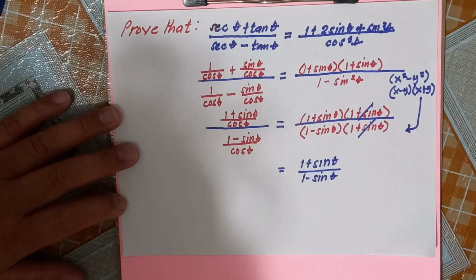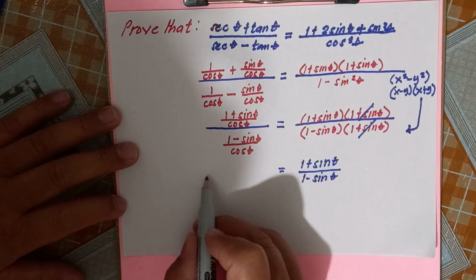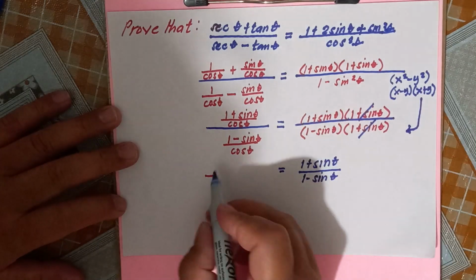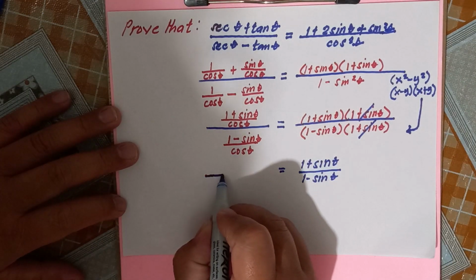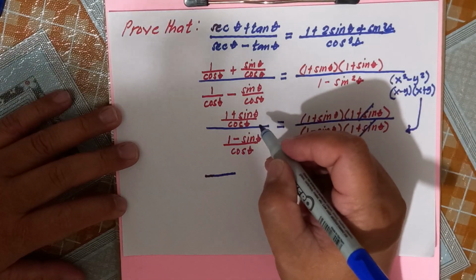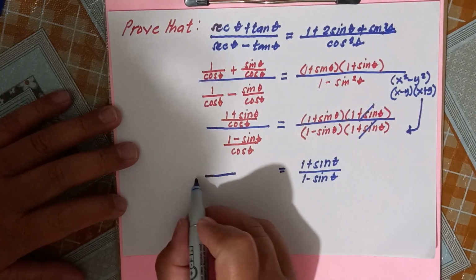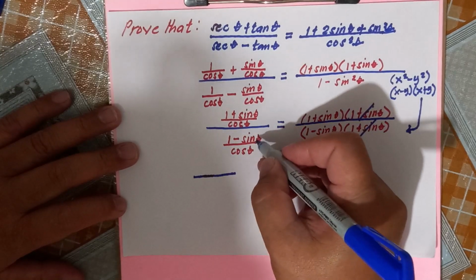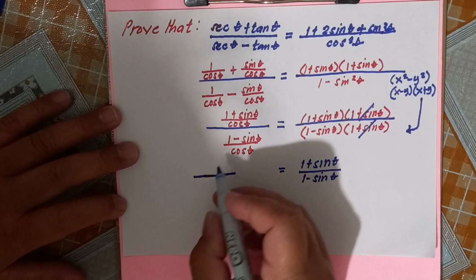Now, what about the other side? Notice that this is division of fractions. When we divide fractions, we get the reciprocal of the denominator and then proceed to multiplication.